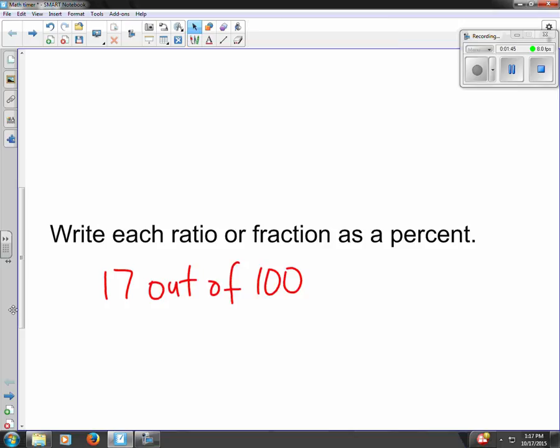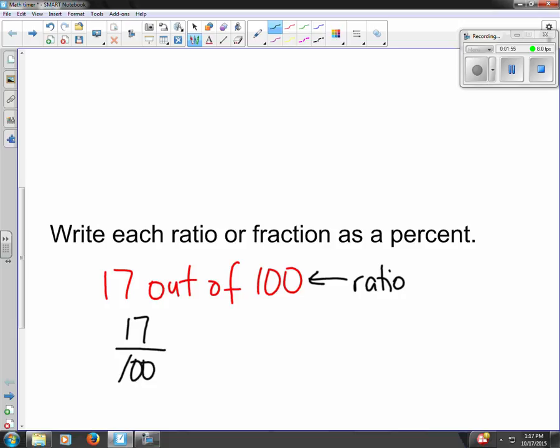Okay, so what's the percent? Well, I could write it in terms of a fraction. It's 17 over 100. Any number that's already over 100, well, that's actually your percent. So it's 17% because it's over 100 already. It's really actually that easy.